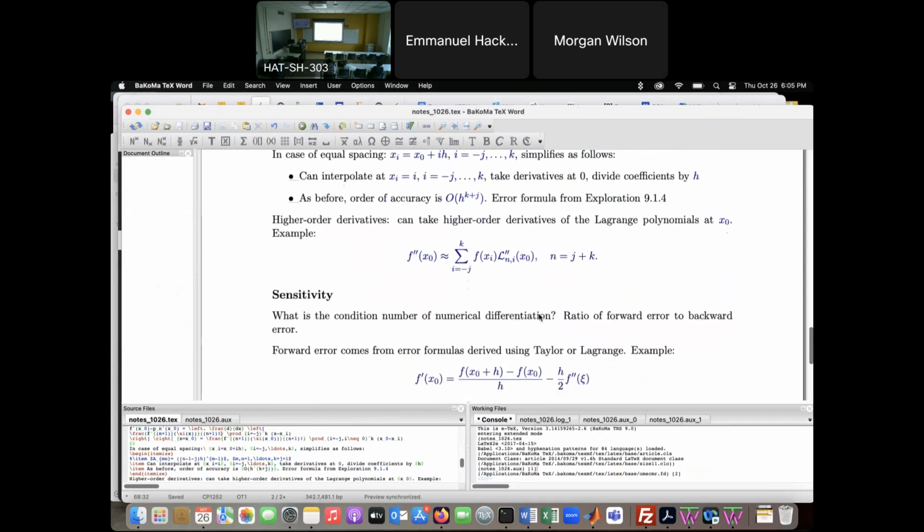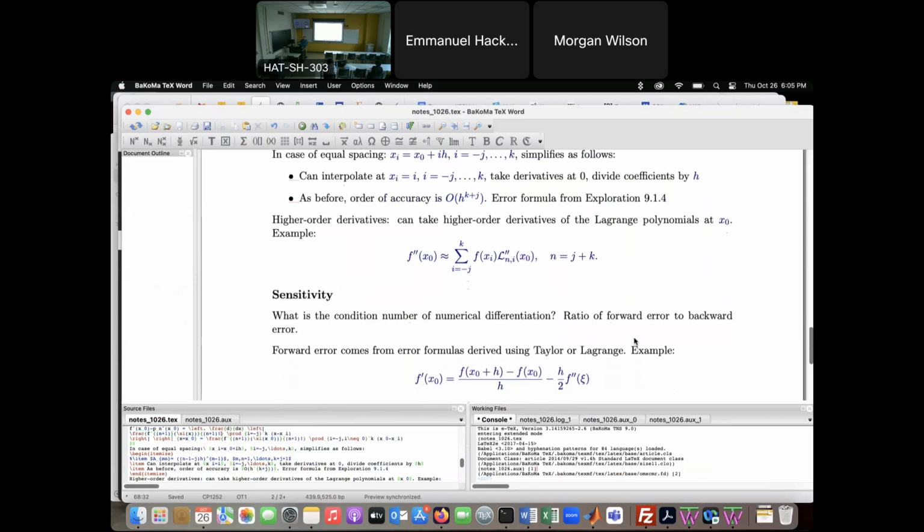Now, this is going back to a topic from chapter 2, where we have forward error, backward error, and then how they're related by the condition number. So we recall that's the definition of a condition number.